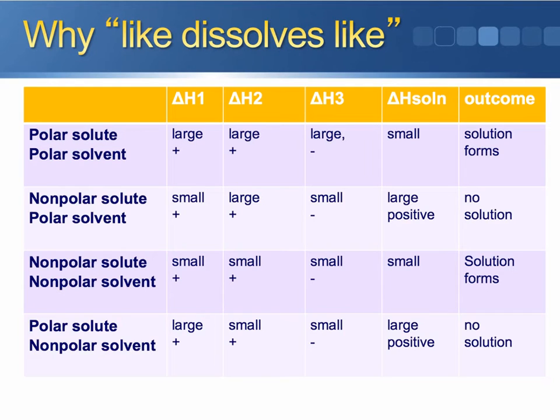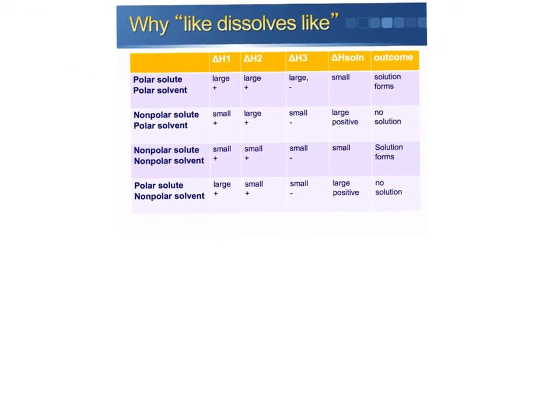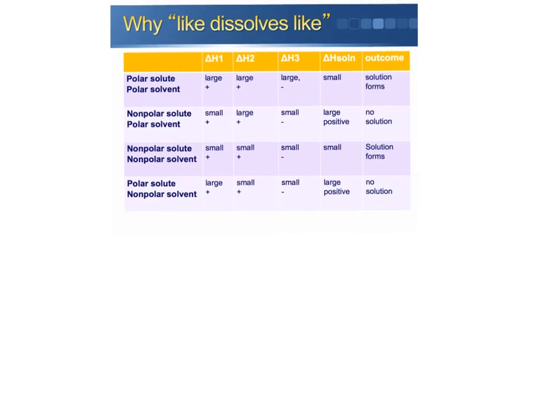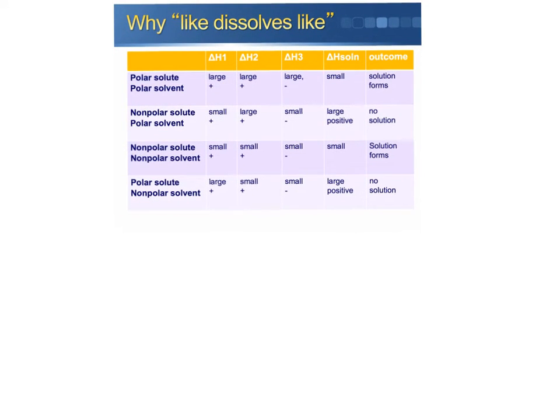The last thing we have here is more of just a discussion on this chart. This chart shows the energy requirements behind the like dissolves like rule. And you kind of saw in the teacher notes here, we've got delta H1, 2, and 3. Delta H1 is, we're just going to kind of teach through this one.